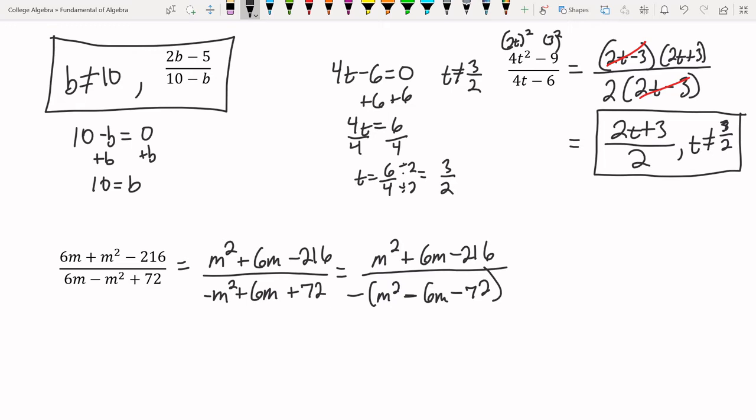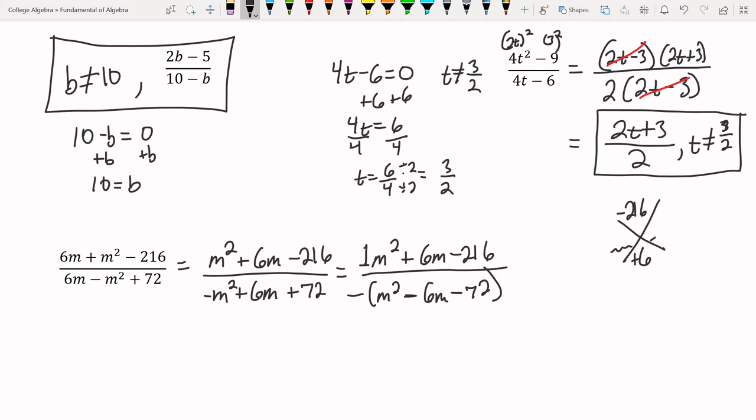Now, these are both trinomials and they're quadratics, so we can use the AC method to factor them. On top, we have a times c. A is going to be 1, b is positive 6, and c is negative 216. So a times c is negative 216, and b is positive 6.